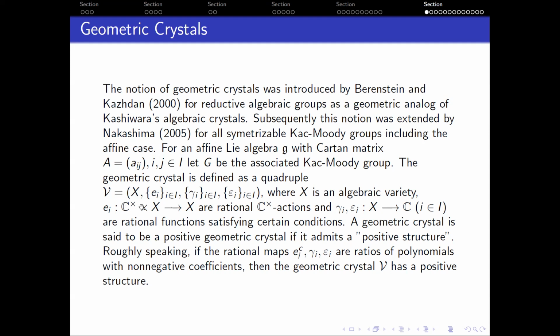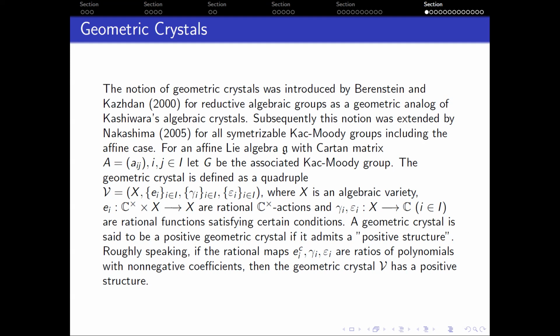X is an algebraic variety, and the e_i are rational C-star actions on X, and gamma_i and epsilon_i are rational functions satisfying certain conditions. I am not writing it.